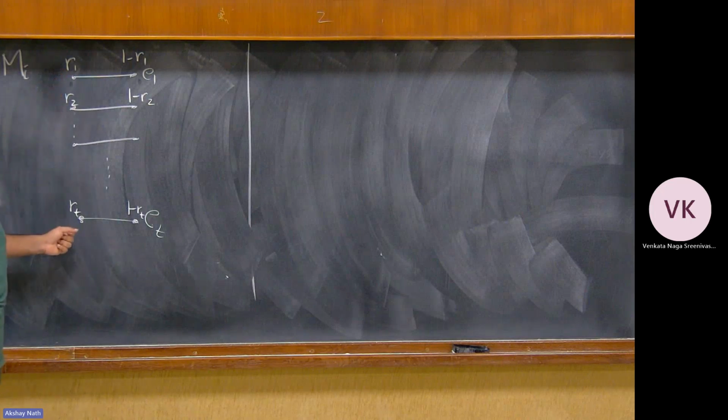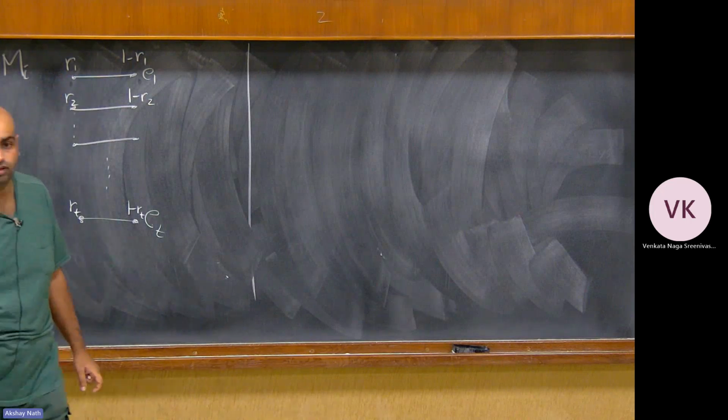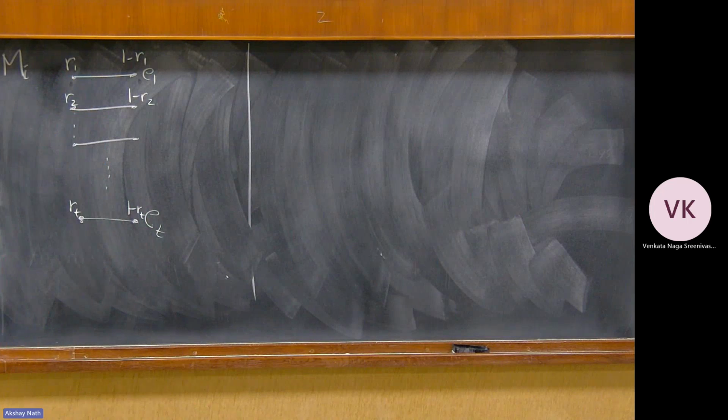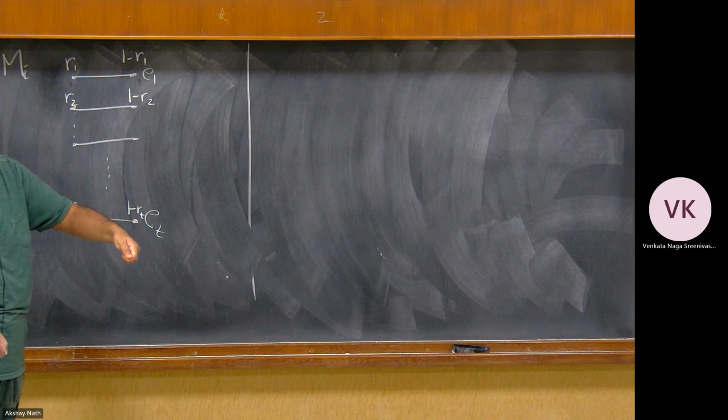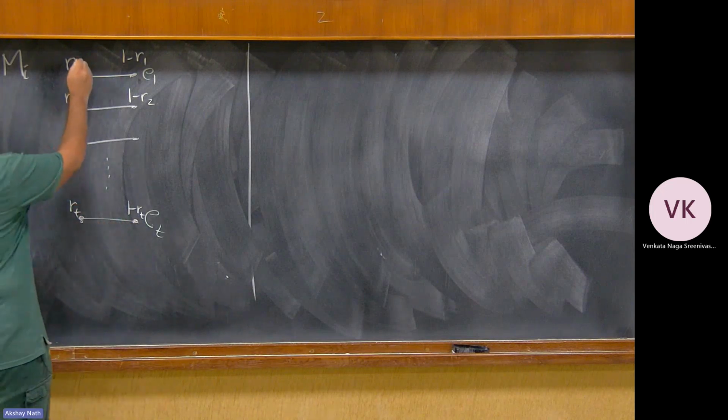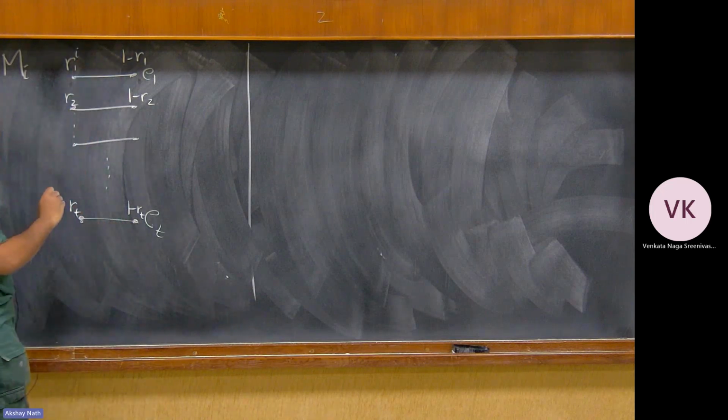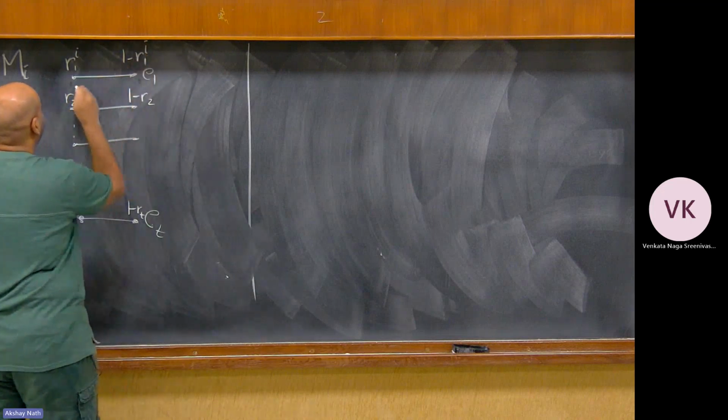So we have done this. The vertex doesn't need to be perfect. Maybe here it is, but in general this technique is true. So what you do is, for each matching, I have an embedding of a vertex to some random string. Let me label this as R1i because it's in the ith matching.